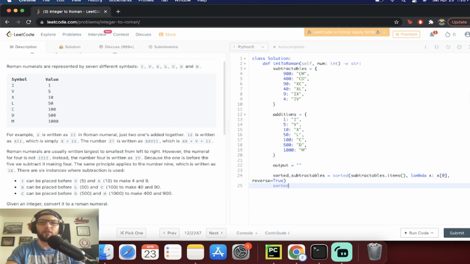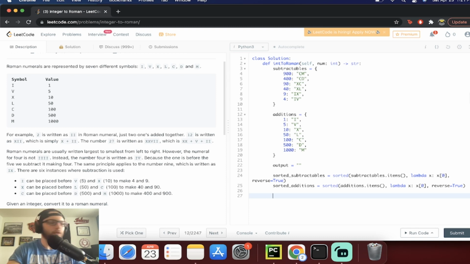Sorted additions equals sorted additions dot items, lambda x sub 0, reverse equals true. Boom. Okay.